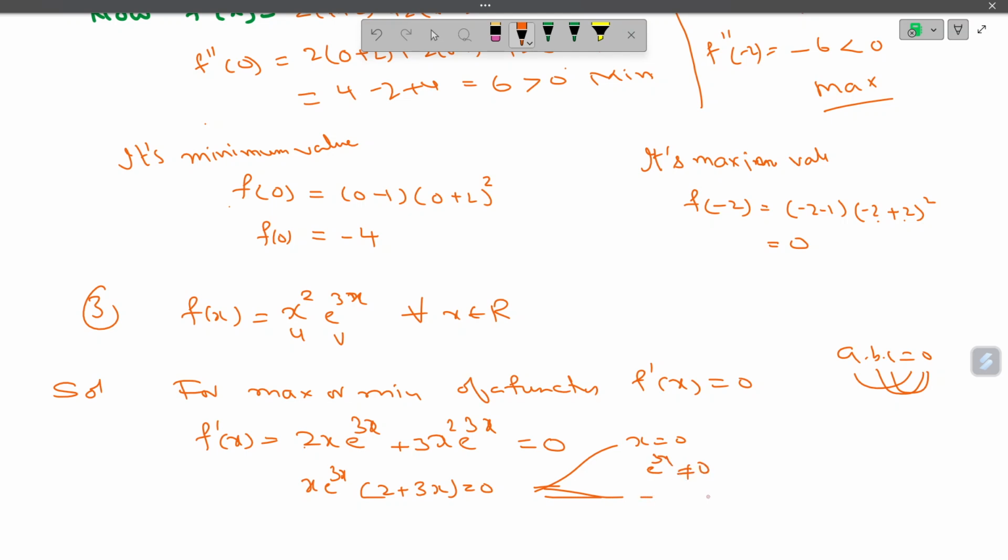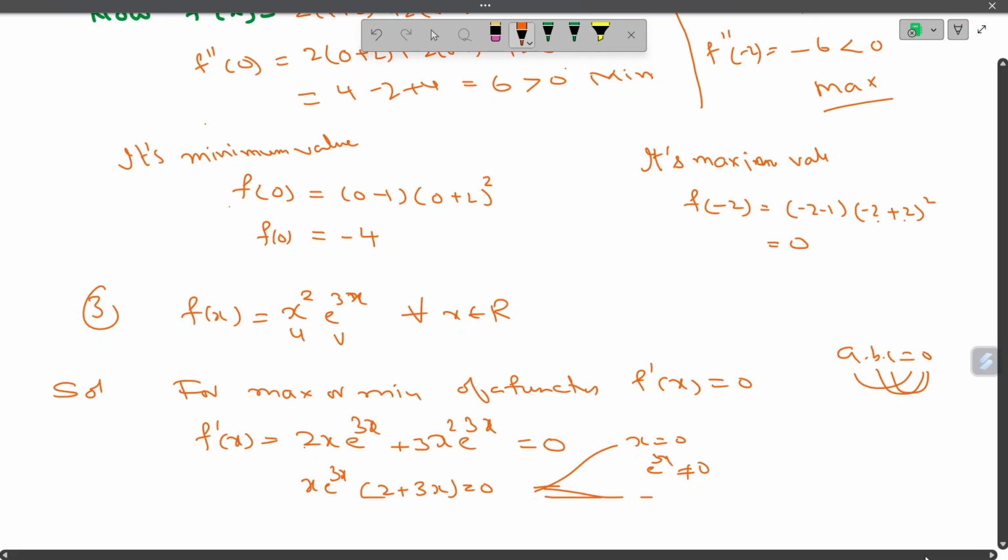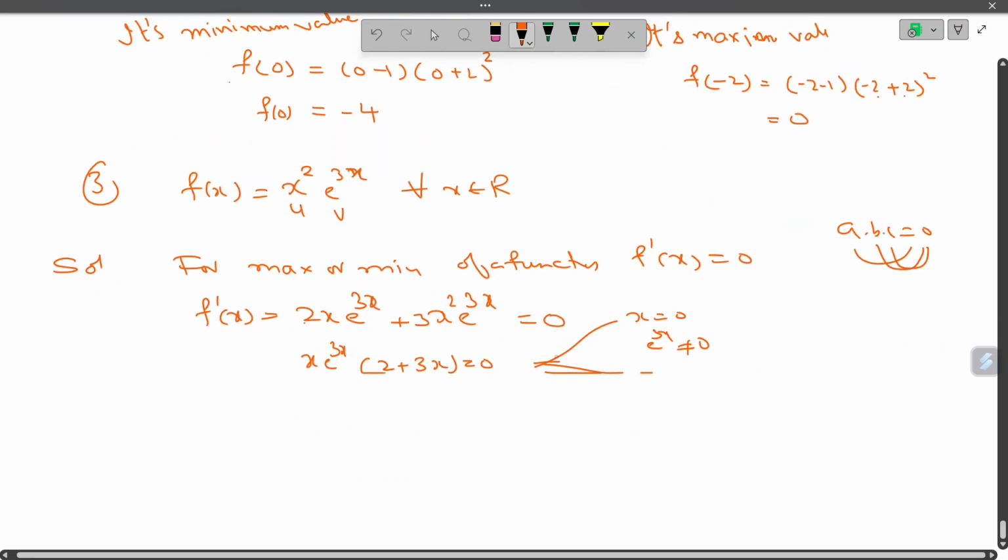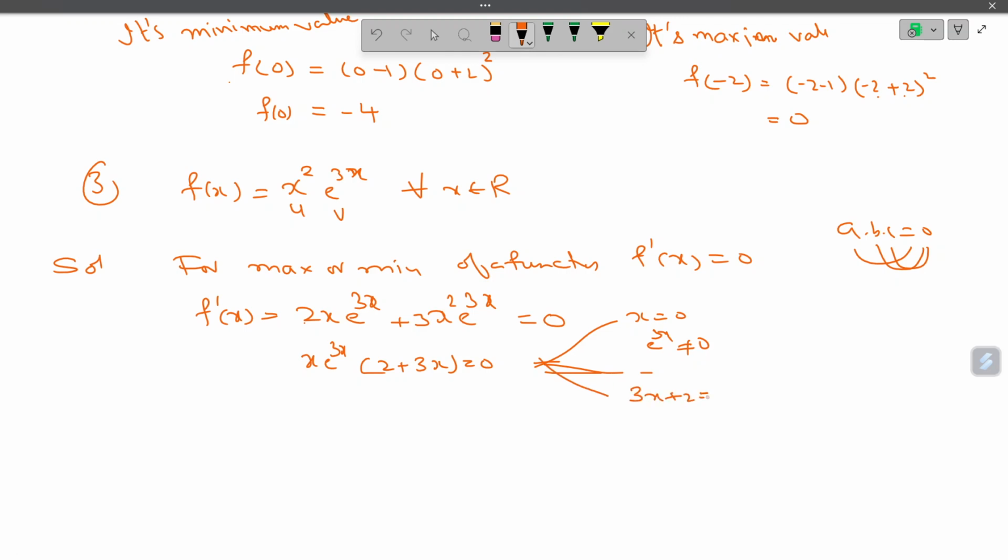So 3x plus 2 equal to 0. This implies x equal to minus 2 by 3. So therefore the values are x equal to 0 and x equal to minus 2 by 3.